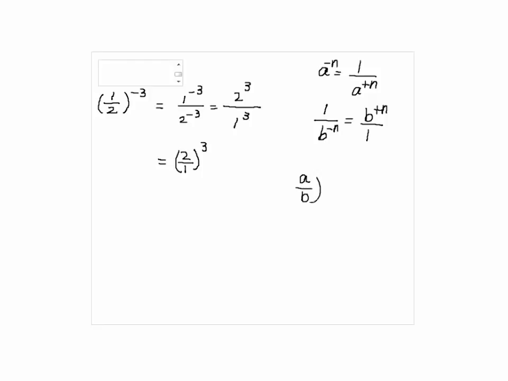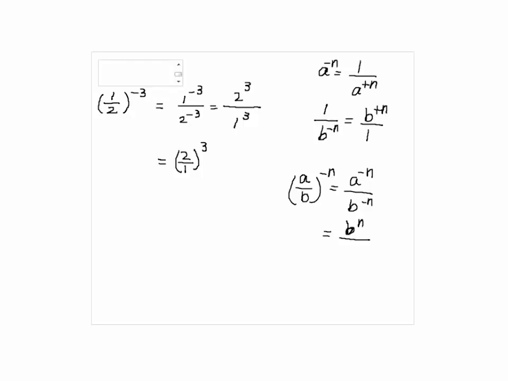So you notice that when we have a fraction like a over b to the power of -n, we can write this as a to the power of -n over b to the power of -n.